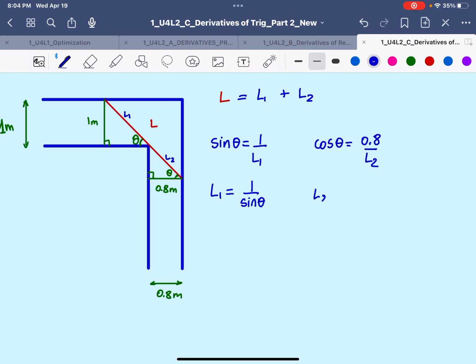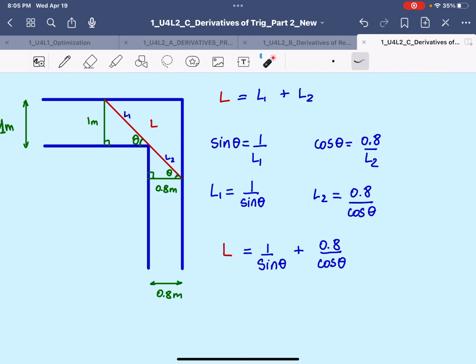So therefore, L2 is 0.8 divided by cosine theta. So now we can find an expression for L. L is equal to 1 over sine theta plus 0.8 over cosine theta. As you can see, we have expressed L in terms of angle theta.